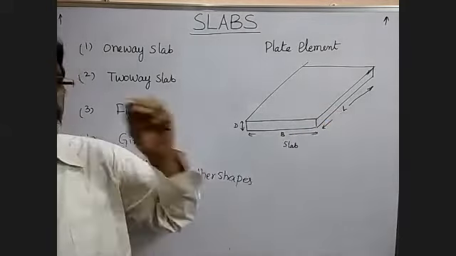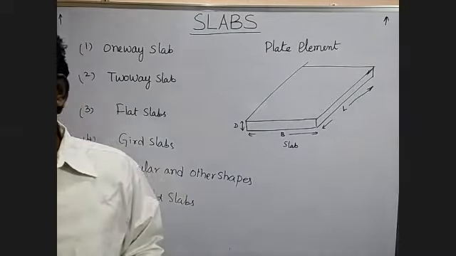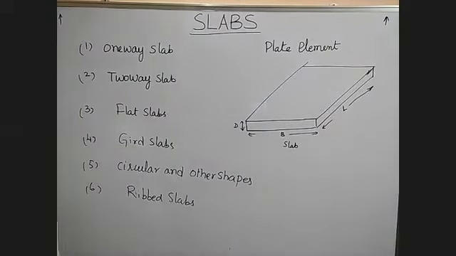So this we call as a plate. So the dimension of D is small when compared with the span and width. And usually this is subjected to UDL, and this forms a floor or roof of the building.